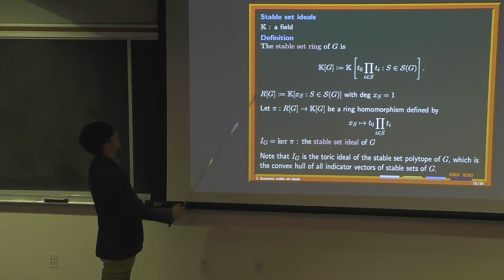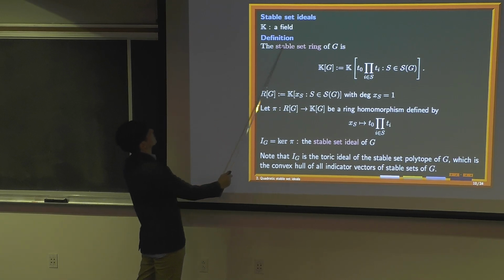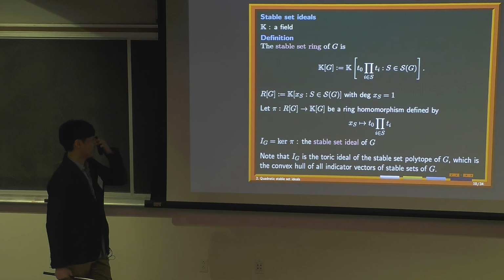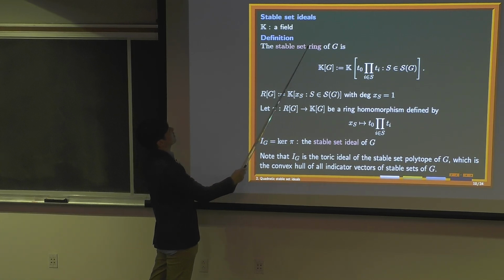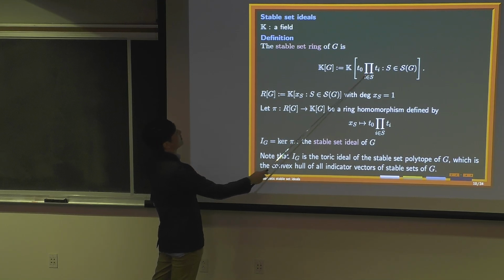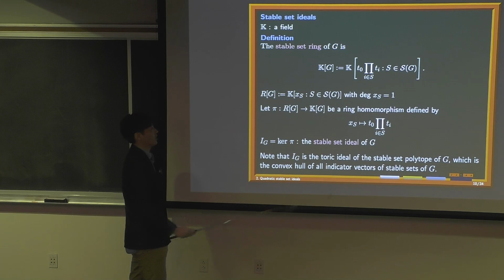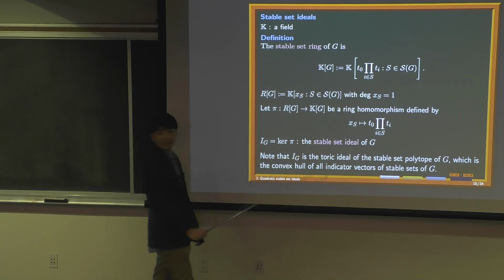Okay, so now we define the stable set ring. This is just a toric ring associated to stable sets. Namely, the stable set ring is the polynomial ring generated by these monomials associated to each stable set.